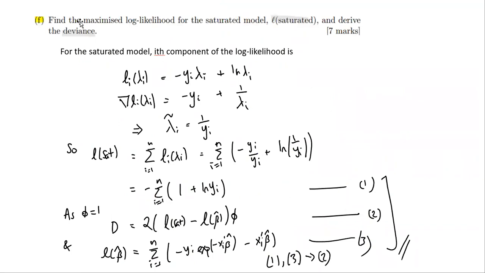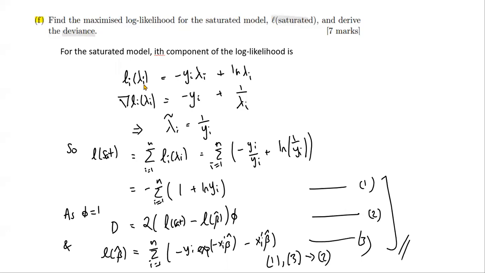So for the deviance, we need to compute the log likelihood for the saturated model, and then we need the log likelihood for our proposed model. So for the saturated model, the ith component for the log likelihood is simply for the ith component.